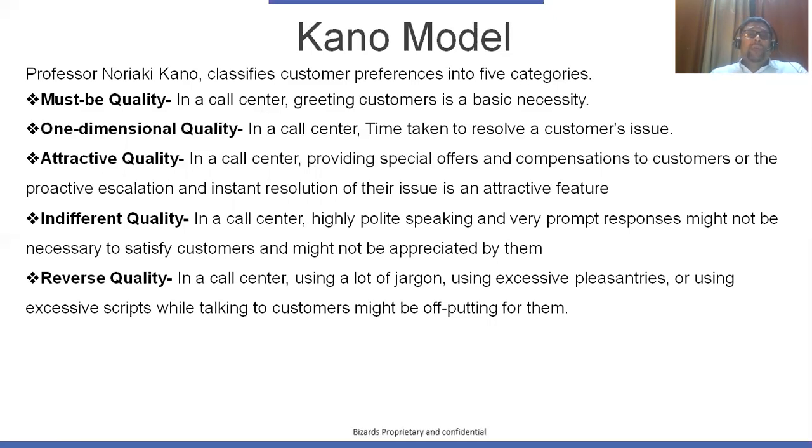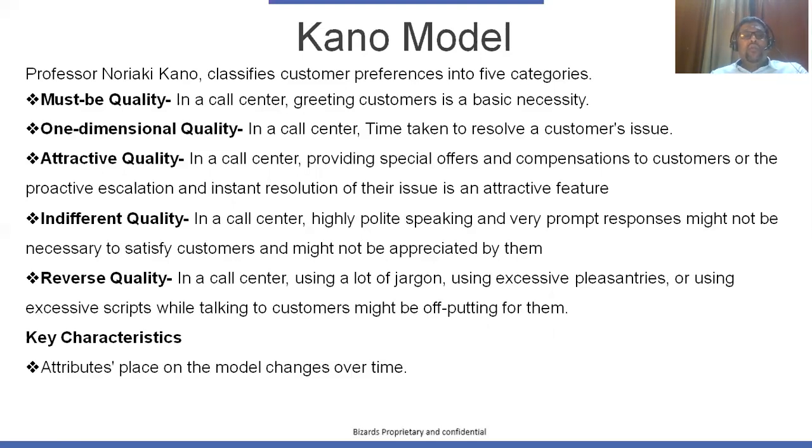Now when you want to map this with respect to the other prioritization techniques, you should focus on must-be quality and one-dimensional quality, the top two, followed by attractive quality. Only if time permits do you do indifferent quality, and reverse quality you should just avoid. One of the key characteristics of the Kano model is that these attributes, whatever we classify, tend to drift over time because it's based on customer priorities and competitor offerings.